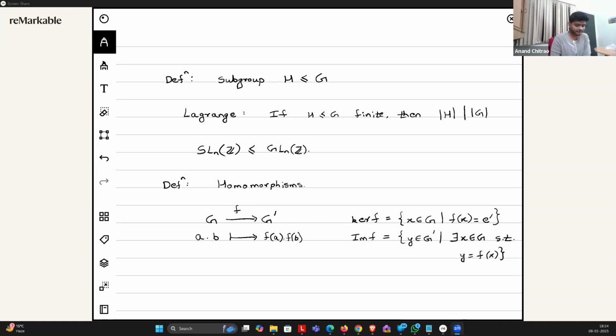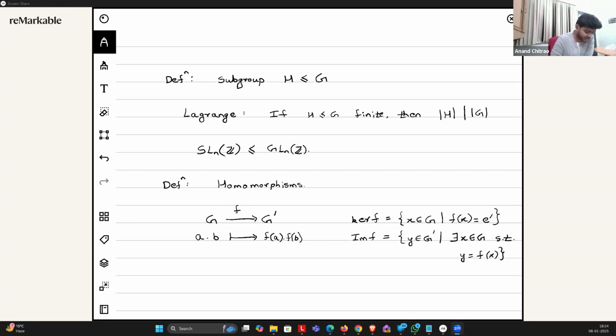You cannot just say y in G prime such that y is f x. You need to say there exists. This is the image of f. Now, the image of f is a subgroup of what? G prime. So the image of f is a subgroup of G prime, and the kernel of f is a subgroup of G.